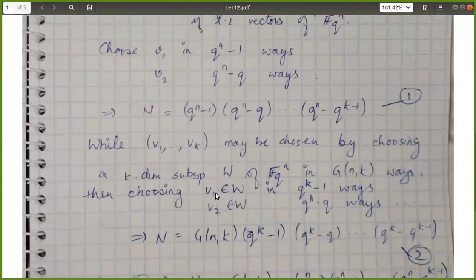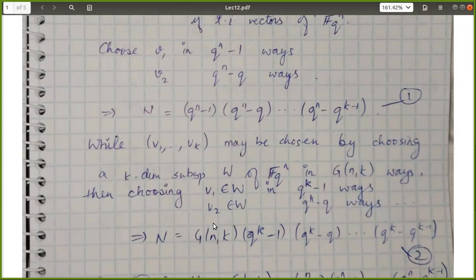Once this is chosen, you will have to find V2 in this, and again with the same logic, you will have to remove the q elements which are now dependent on V1. So for V2, there are q raised to k minus q many ways available inside of W, and so on till Vk.